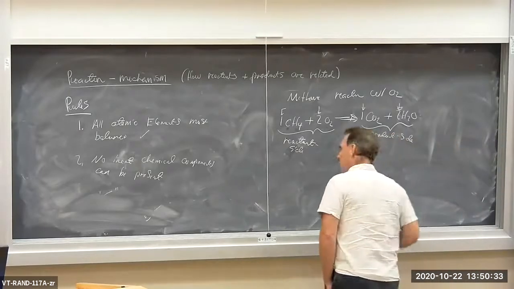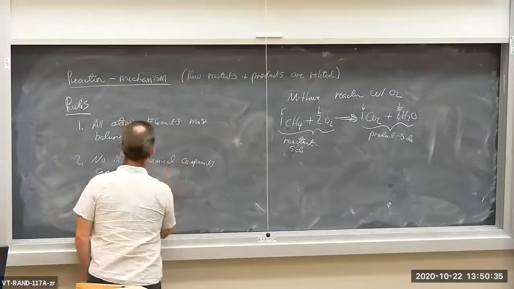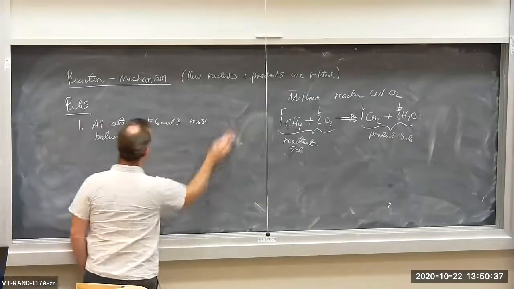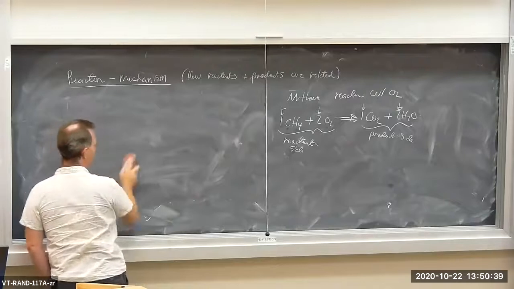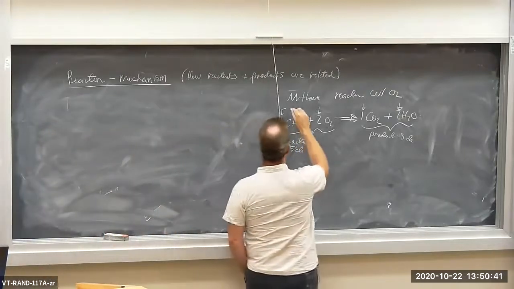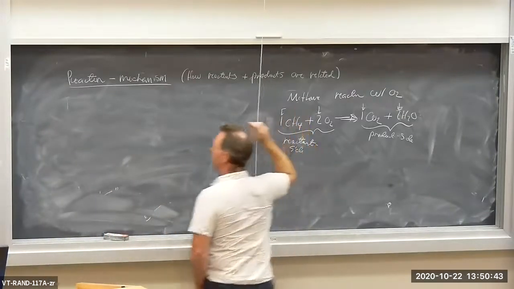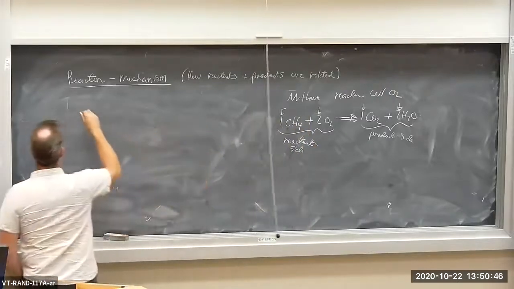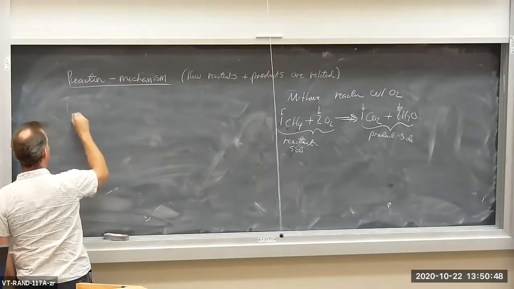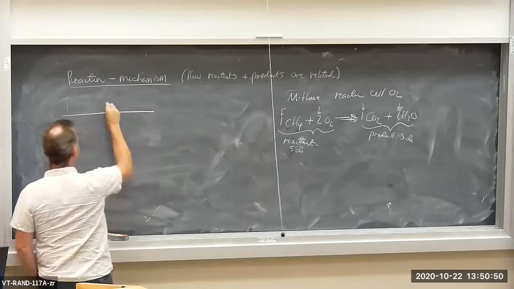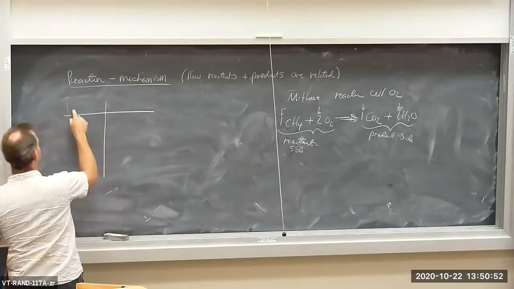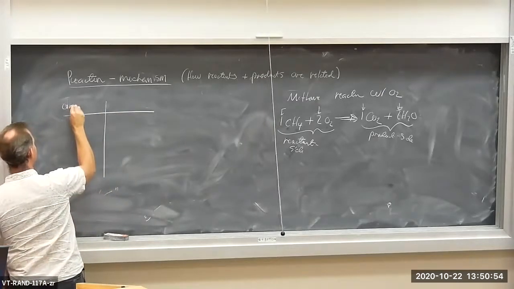Let's make a table of these stoichiometric coefficients. Let's make a little table. So these are all stoichiometric coefficients. I'm going to put the chemical component here.